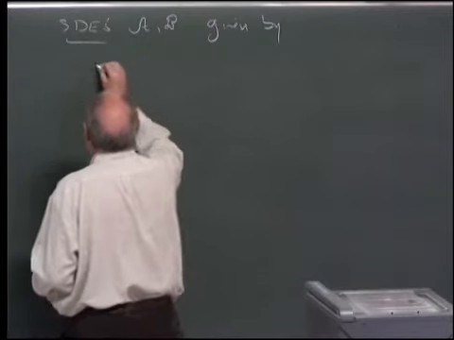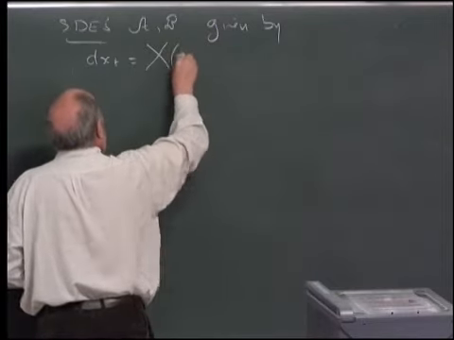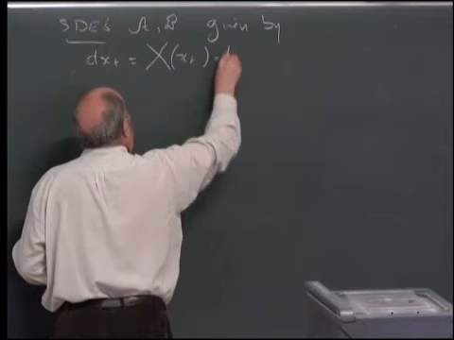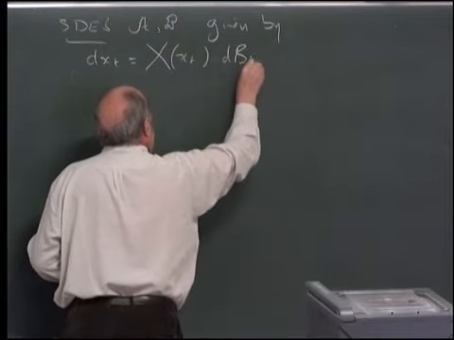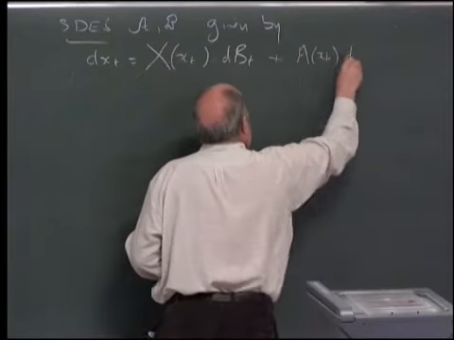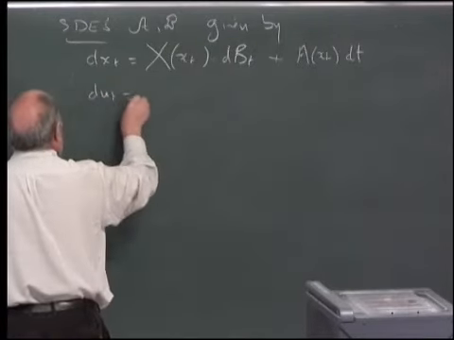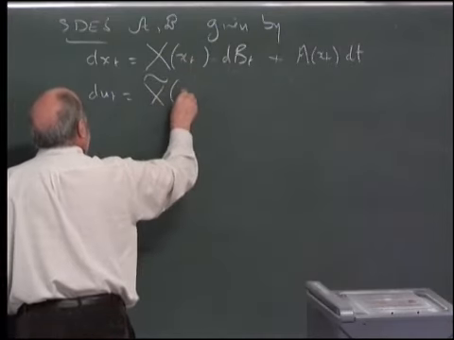So A will be given by one which I'll write, little dx_t is X(x_t) dB_t plus A(x_t) dt, and the one upstairs, du_t, I'll put tildes on.